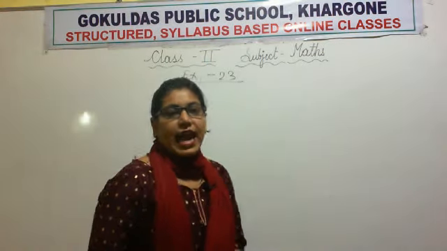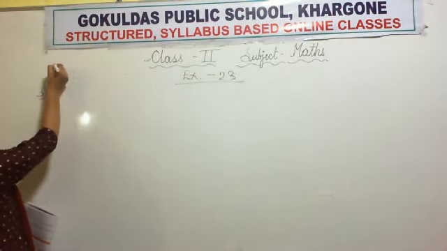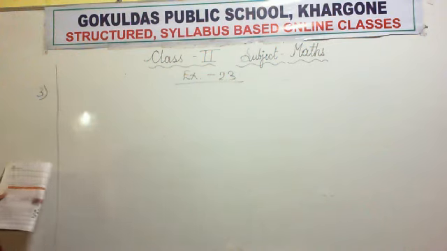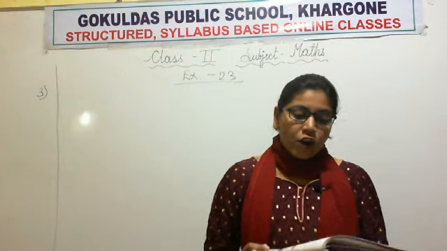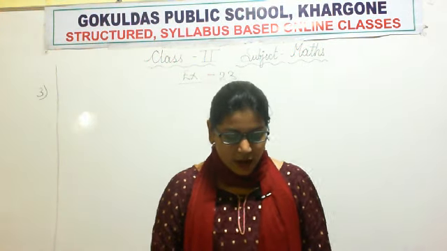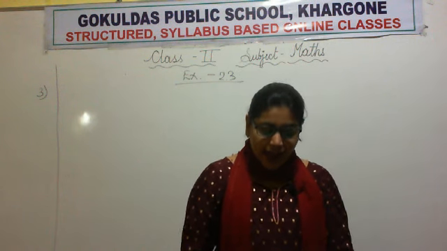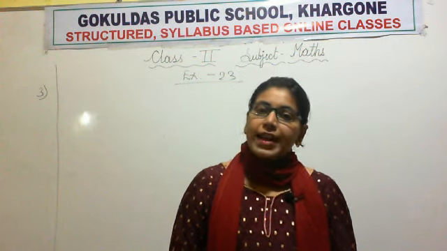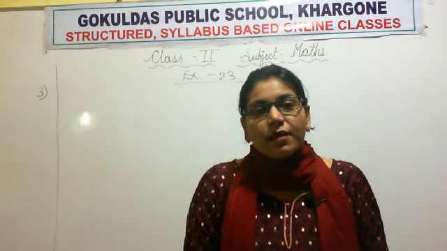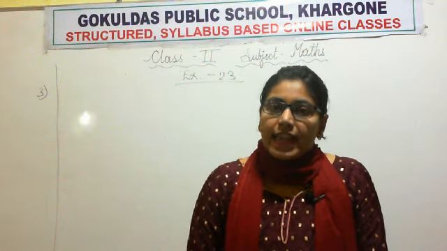Now it's time for question number 3. What is question number 3? Question number 3 is: find the estimated sum of the following numbers by rounding off the numbers to the nearest 10 and find their actual sum as well. We have learned how to find the actual sum and estimated sum, so question 3 is asking us to do the same.